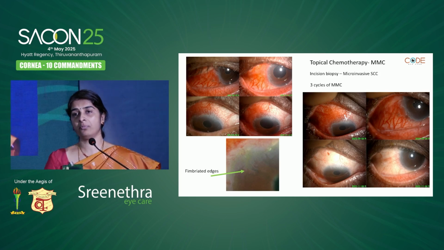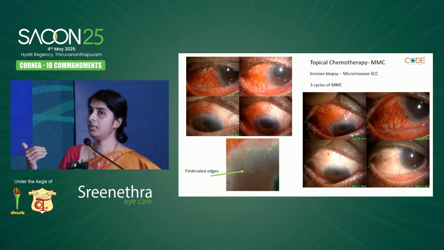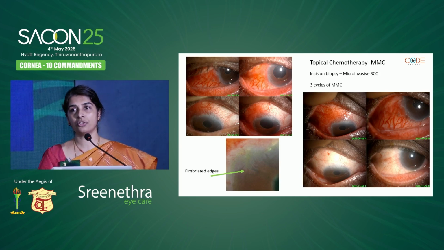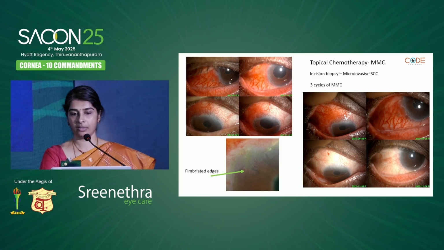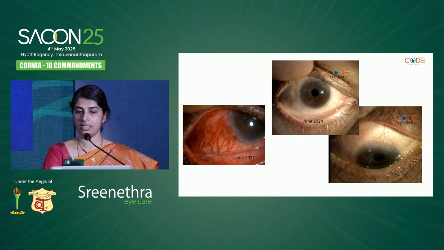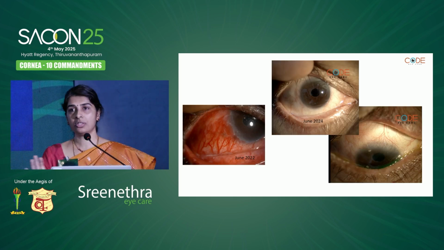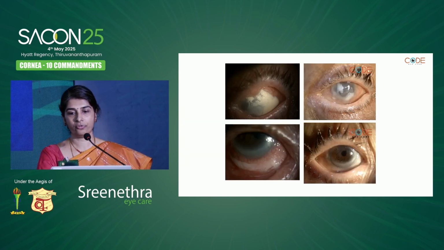We still have him under follow-up almost 3 years now, following the diagnosis of OSSN, which was established by doing a small incisional biopsy. The lesion healed completely with topical chemotherapy using mitomycin C. This is how he still continues to be free of recurrence. We still cannot see any evidence of intraocular spread, but these are things that one needs to keep in mind when you're treating these patients of OSSN.